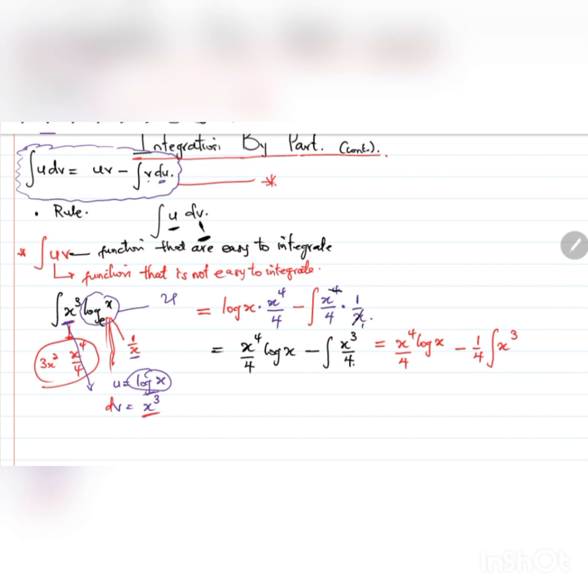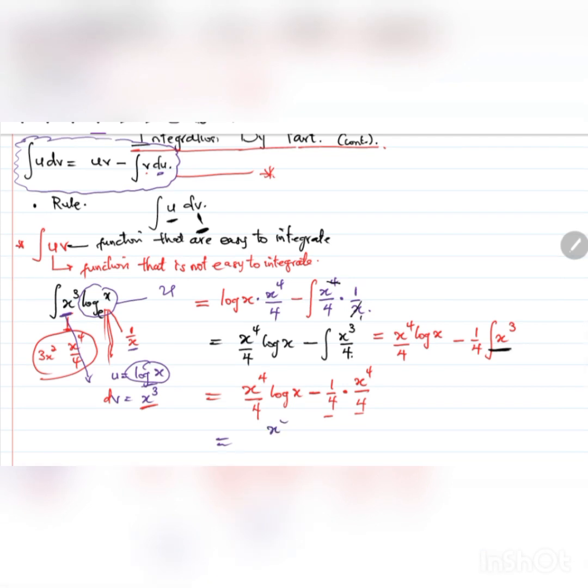So if I integrate this, I have my final answer to be x raised to power 4 over 4 log x minus 1 over 4 times, when you integrate x cubed, that's x raised to power 4 over 4. So these two are multiplying each other. Then I can say in conclusion it is equal to x raised to power 4 over 4 log x minus x raised to power 4 over 16 plus c.